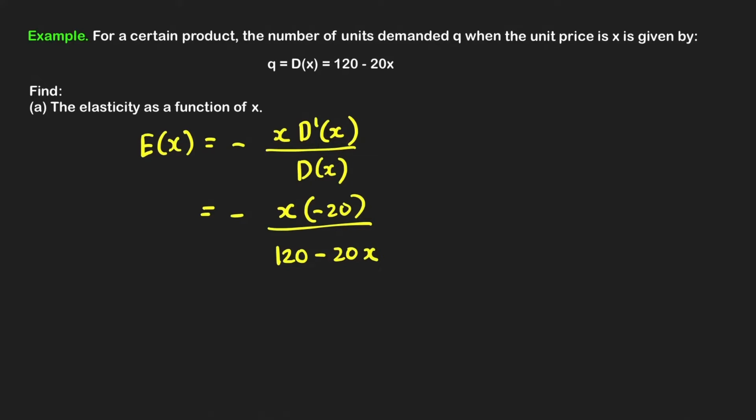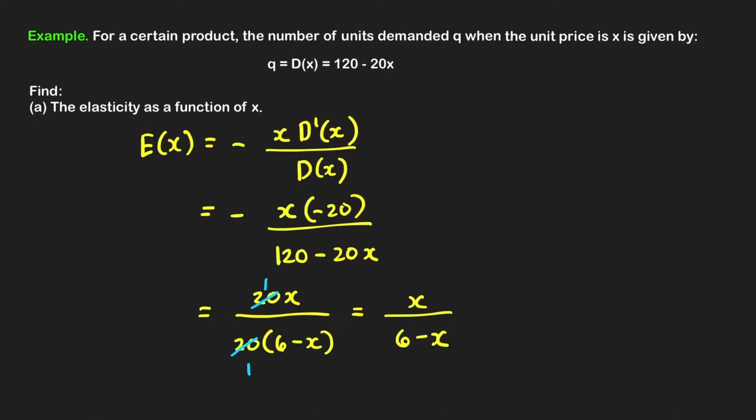We can put the negative sign in front of X, so that becomes negative X times negative 20, which is 20X over, factoring out the 20 in the denominator, 20 times 6 minus X. Canceling the common factor, we get X over 6 minus X. So this is the elasticity as a function of X.